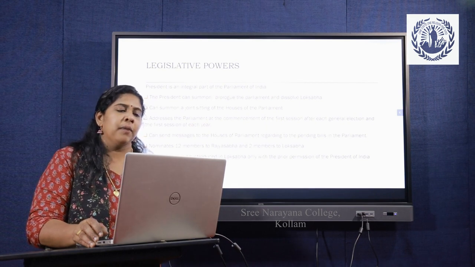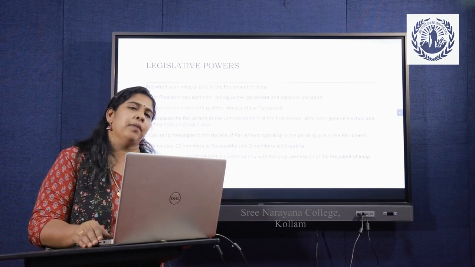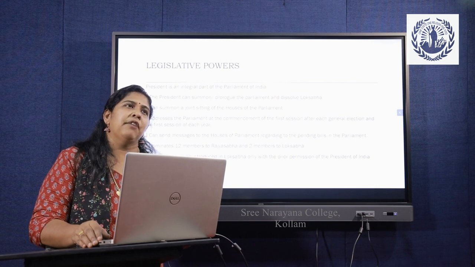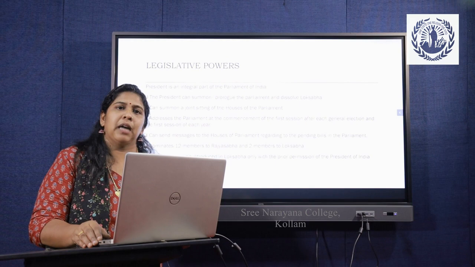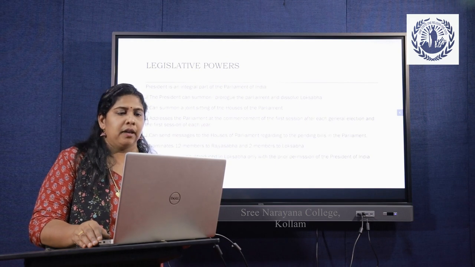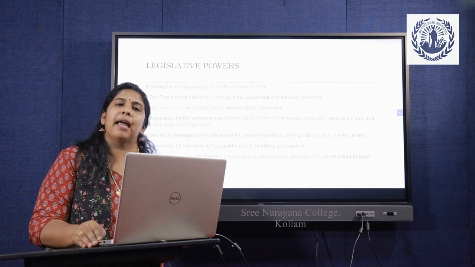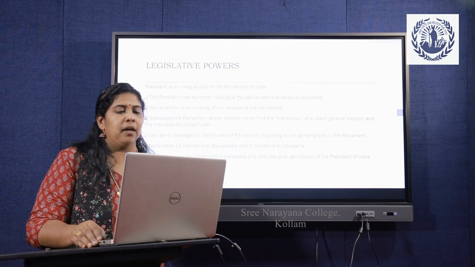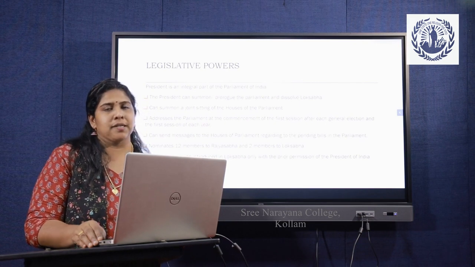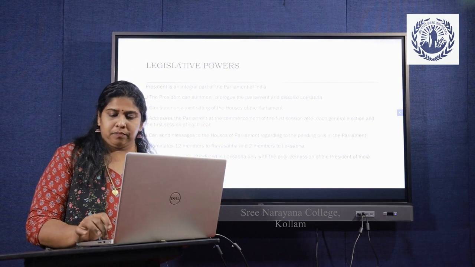Here you can note, the 12 members to Rajya Sabha will be nominated from people from different categories like arts, sports, culture, like that. And 2 members to Lok Sabha, and they should be from the Anglo-Indian community. Money bills can be introduced in Lok Sabha only with the prior permission of the President of India. And he can promulgate ordinances.